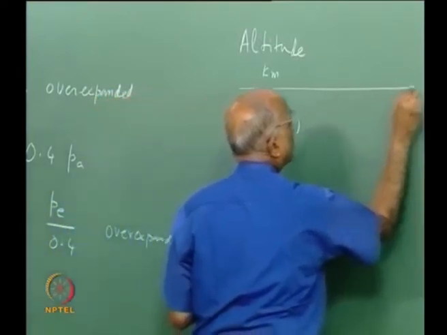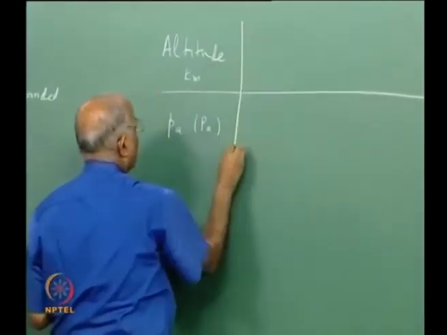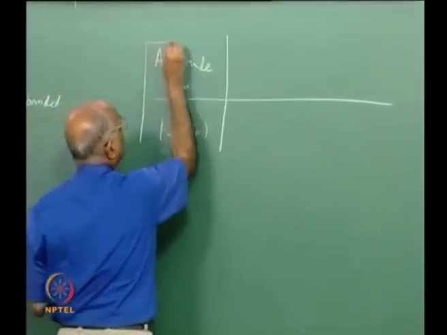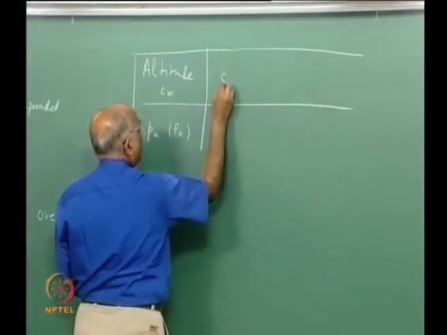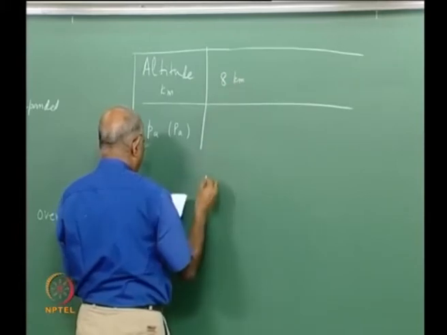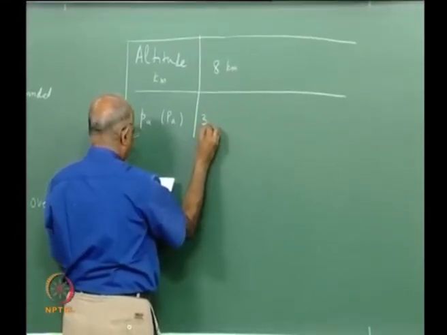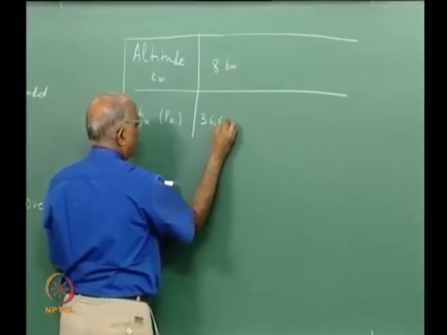Let's plot it for 2 or 3 altitudes for which we are interested. At the altitude of 8 kilometers, the ambient pressure is 36,651 Pascal.